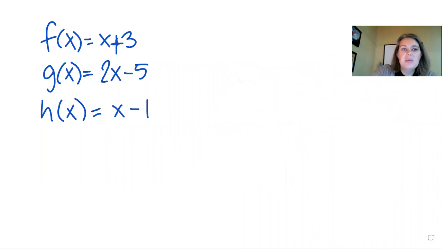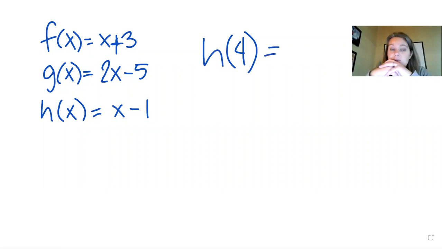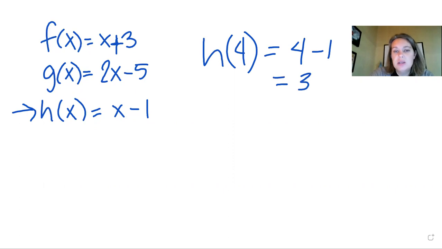I could give an example like, I want you to find h of 4. When I say h of 4, I'm saying go and plug in 4 for x in the h. So I get 4 minus 1, and 4 minus 1 is 3. So h of 4 is 3.